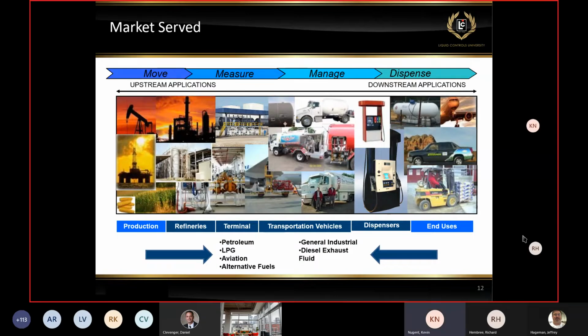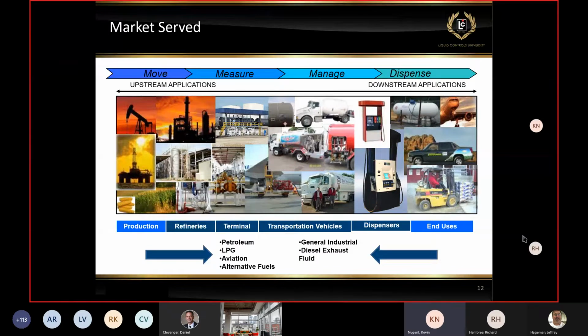The markets that we serve, as you see listed here on this screen, in most cases, we're in the terminal and transportation side. And we refer to that as midstream and downstream applications.